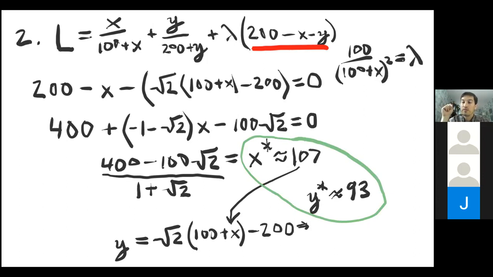Solve for the choice variable, then solve back for the other one. Solve for the exact values of the two choice variables, and that's the solution. Because this was an inequality constraint, you might want to go to the next step and see whether lambda was really positive or 0. And the answer is yes, it was, which means the constraint's binding, which means this is the solution.